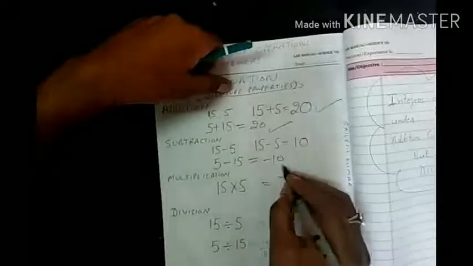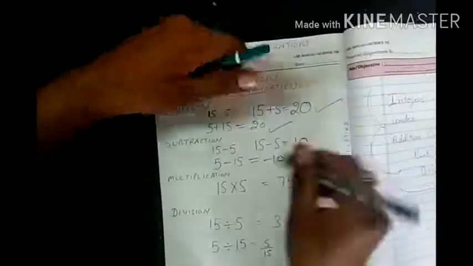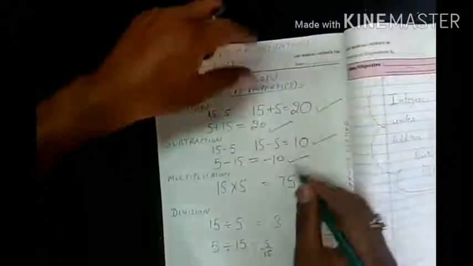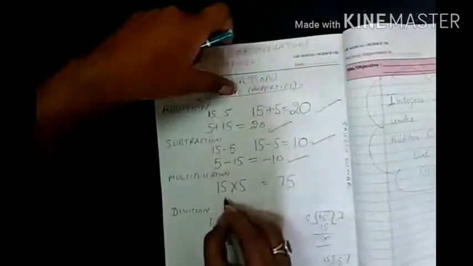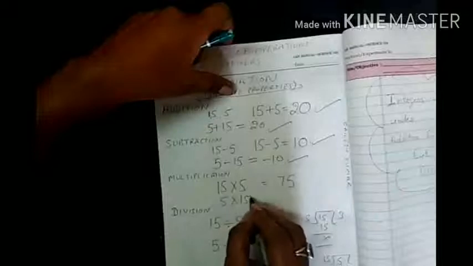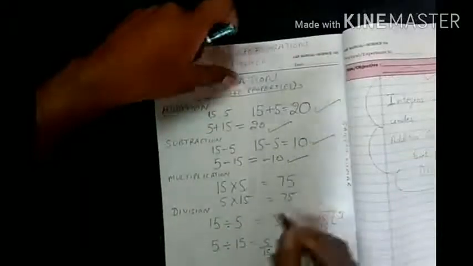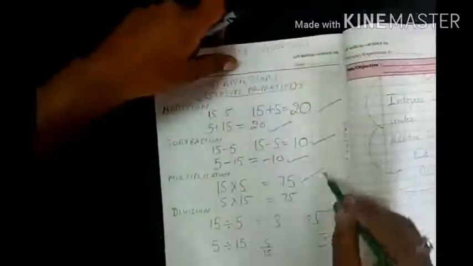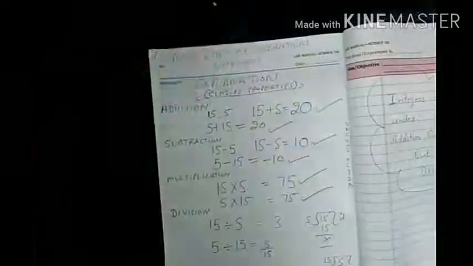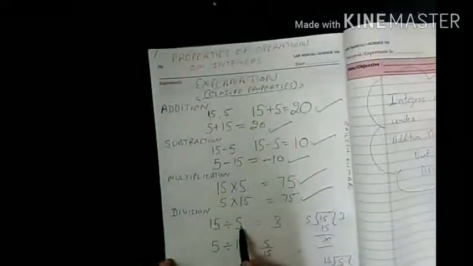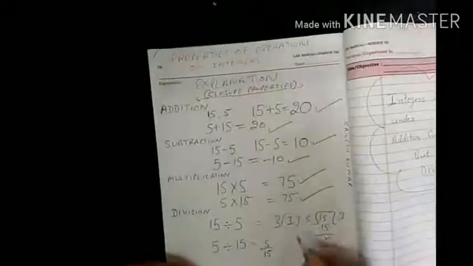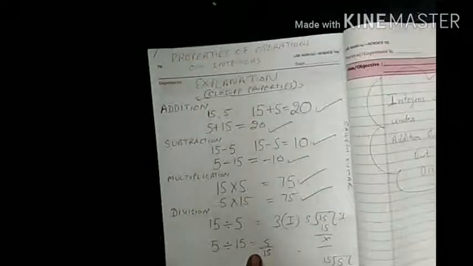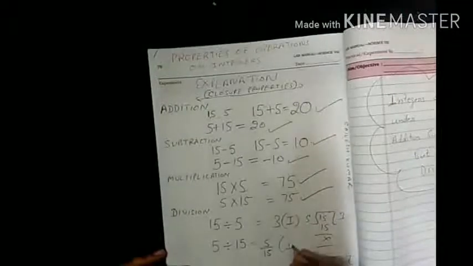Minus 10. This is an integer, this is also an integer. 15 multiplied by 5 is 75. If I do 5 multiplied by 15, then what is the answer? 75. This is an integer, this is also an integer. And here 15 divided by 5 is 3. This is an integer, but this is not an integer.